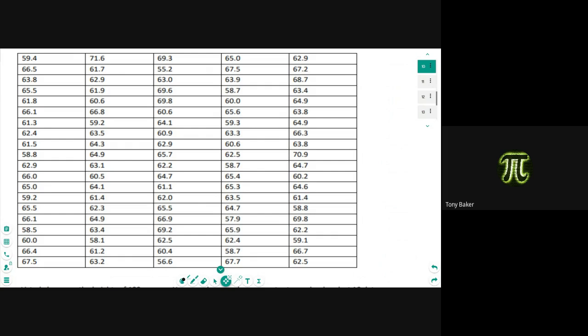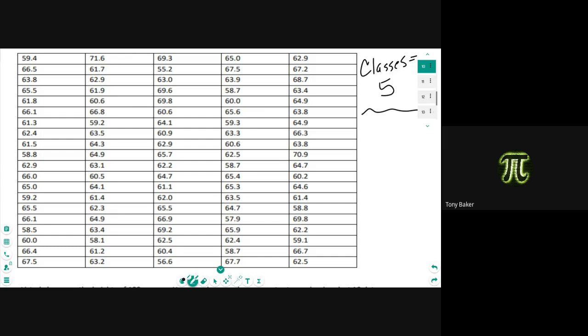You get to basically pick how many. How many classes do you think would be good to do? Five. Okay, so we're doing 5 classes. Good. All right, find me my class width.